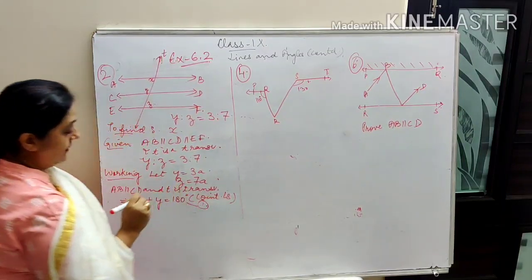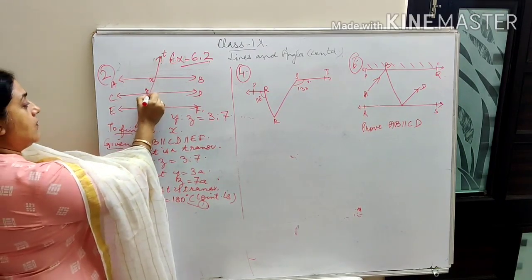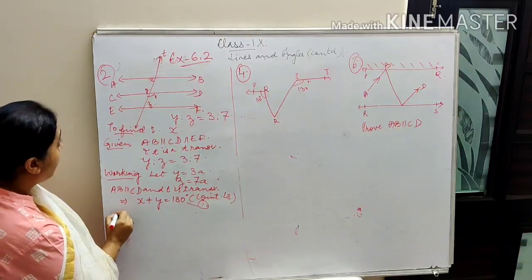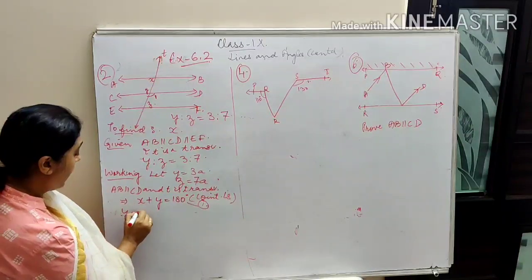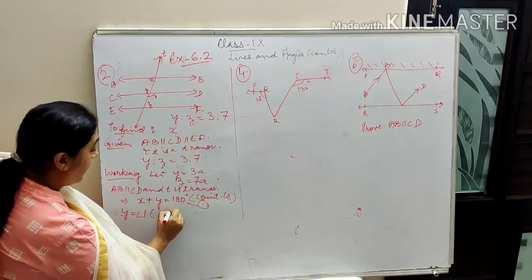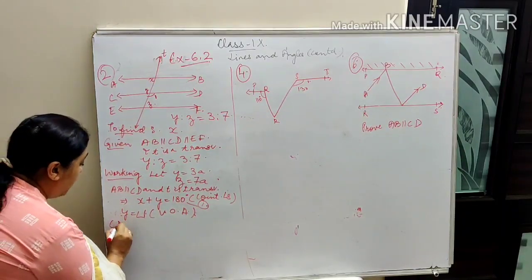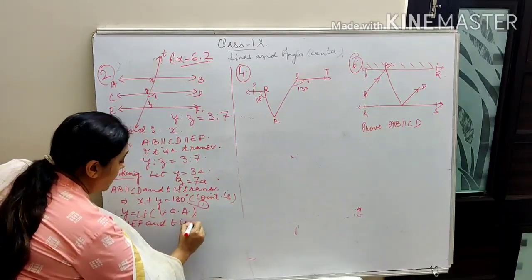Mark it 1. Right? This step I hope it is clear to you. Let us take one more angle here, 1. Now, second thing, CD angle Y is equal to angle 1, vertically opposite angles. Now again, CD parallel EF and T is transversal.